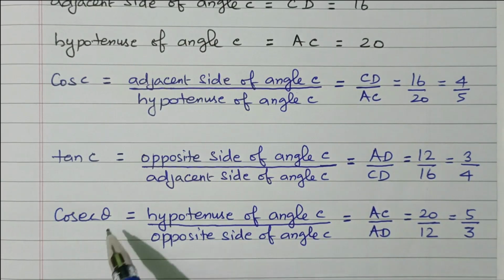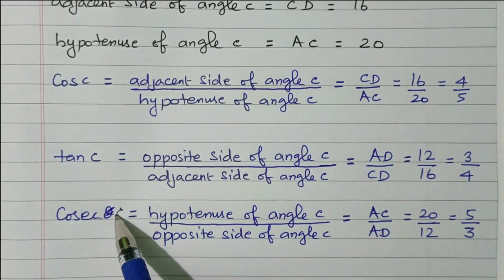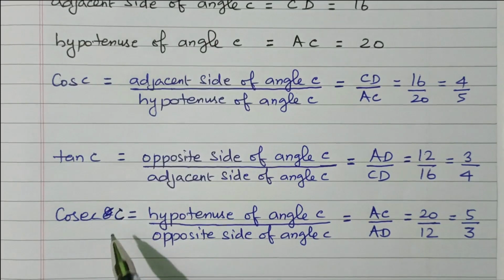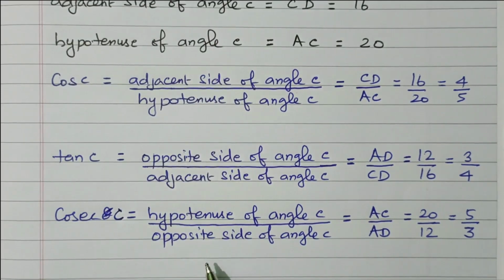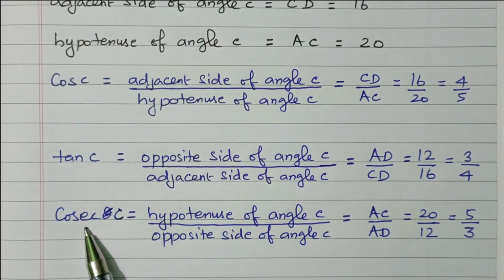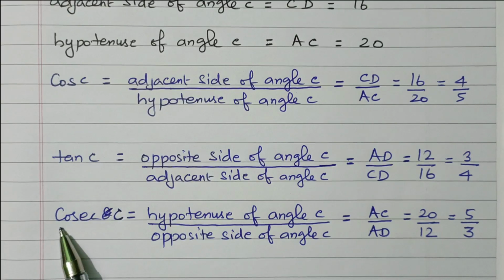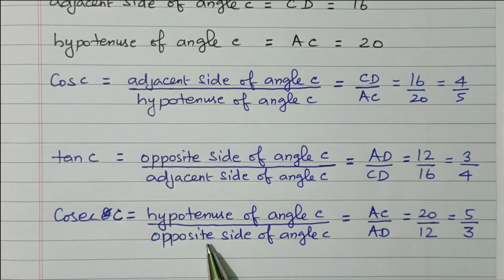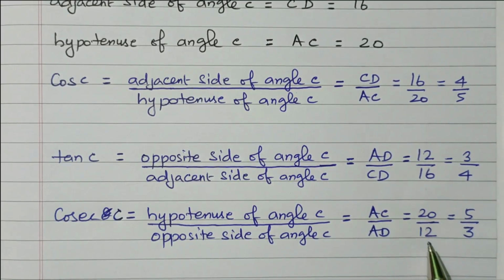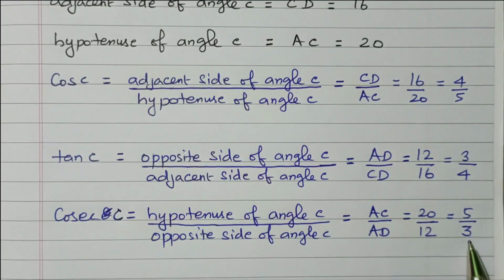Then cosecant C equals hypotenuse divided by opposite side. This is the reciprocal of sin theta. Sin theta equals opposite side by hypotenuse. So cosecant C is hypotenuse divided by opposite side: AC divided by AD, 20 divided by 12, that is 5 divided by 3.